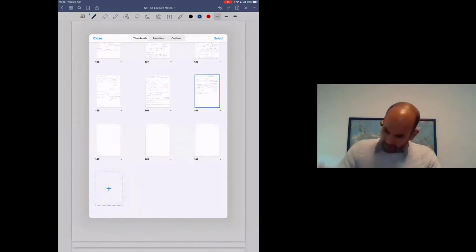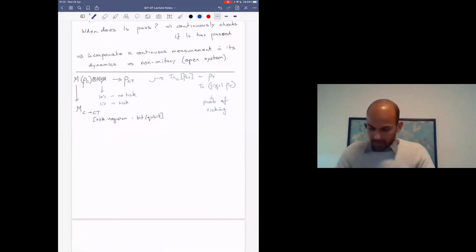Right. Okay, so the end result of that is to say the way to describe a ticking clock is via this map that takes you from just the clock to the state of a clock and register, where the register encodes the answer to the question, has a unit of time passed or not?